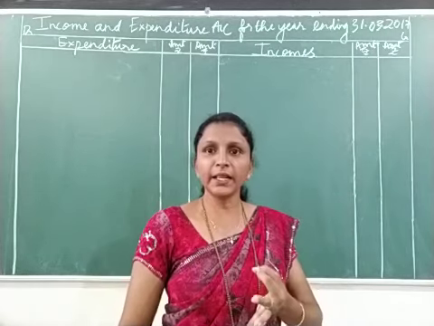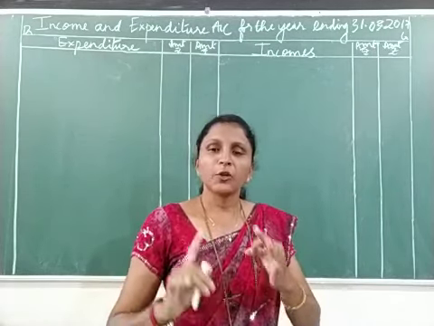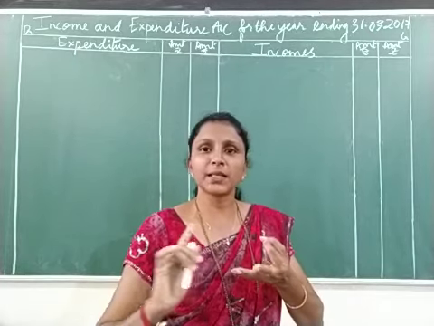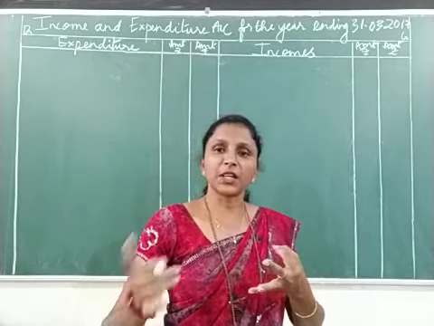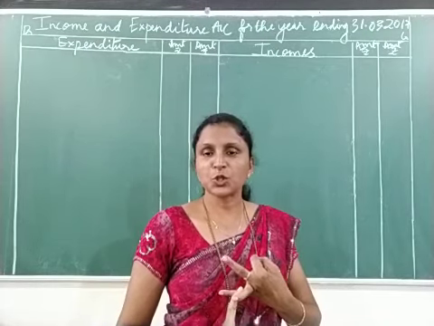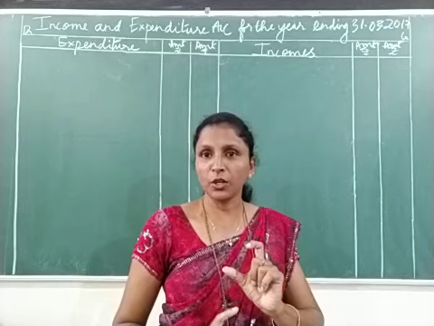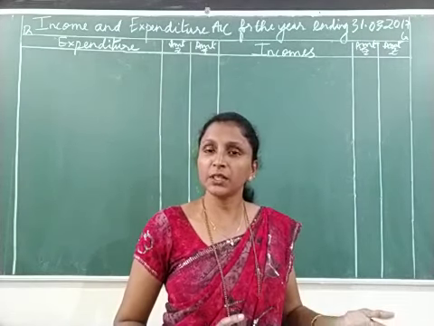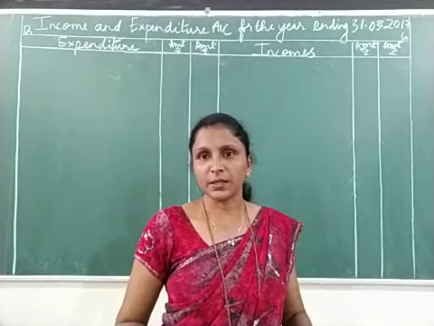But if there are any entries, then we have to minus the previous year items, we have to minus the next year items. If there are any current year items, we have to add them. So there is a rule we got. If there are any previous year items given in the problem, you minus it.